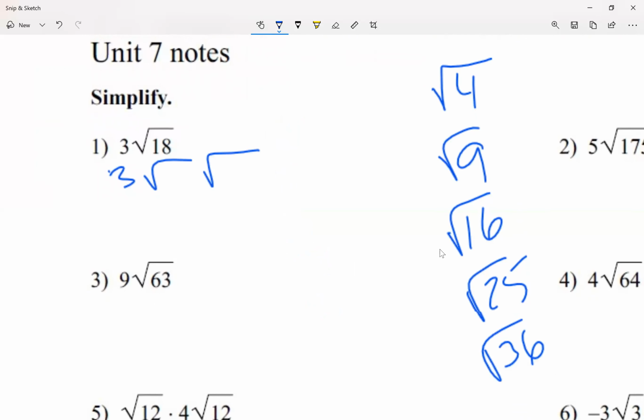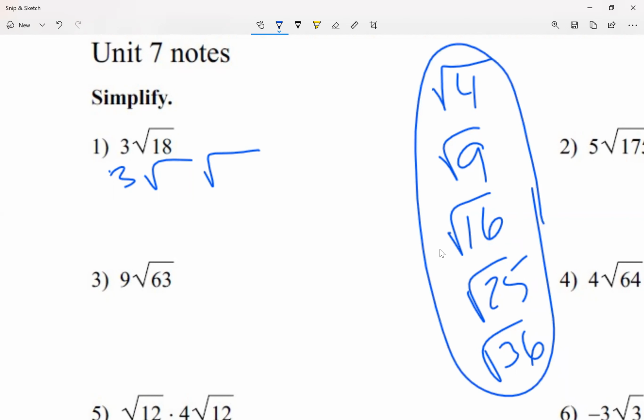Now, 18. Let me think of 2 numbers that multiply to 18. However, it's not just any 2 numbers. One of the 2 numbers has to be a perfect square. You remember the list of perfect squares. Some of you might say, what about 3 times 6? 3 times 6 is 18, but neither of them is a perfect square.